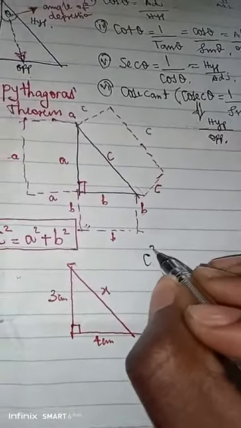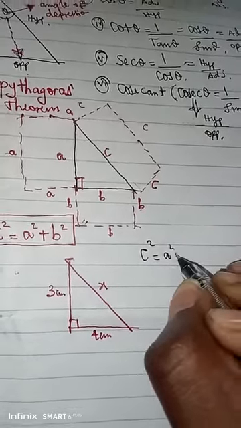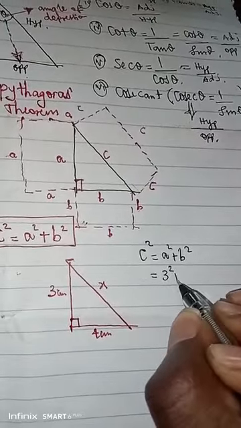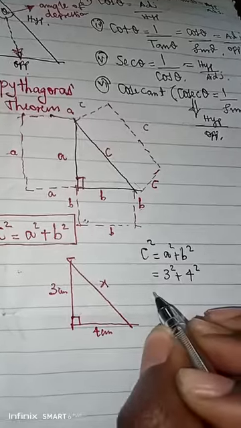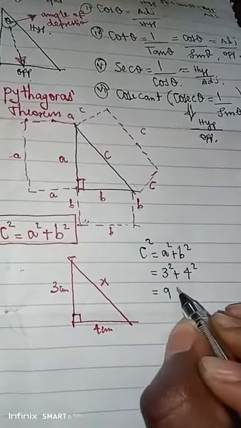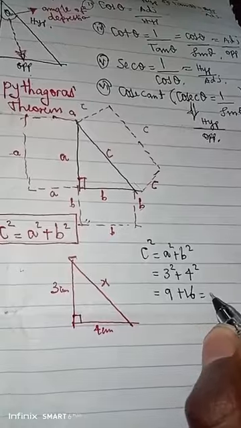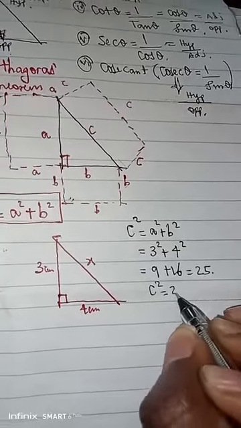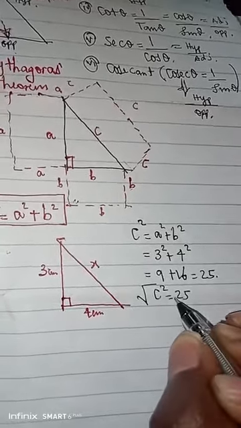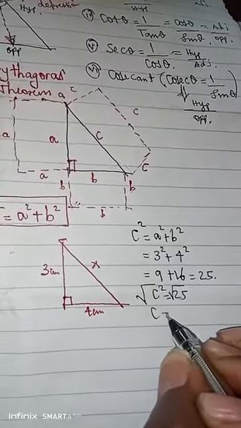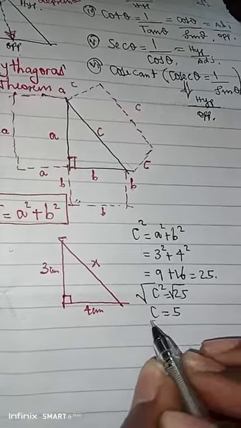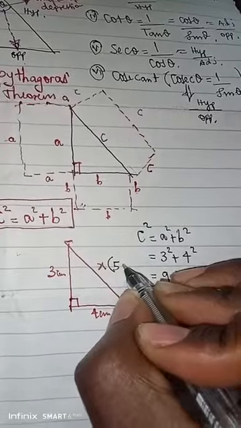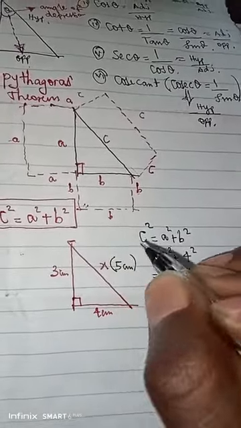So in this problem, it will be c squared equal to a squared plus b squared. So this is just going to be 3 squared plus 4 squared. This is 9, that's 16, and that's all going to be equal to 25. So c squared would be equal to 25, and the square root of this whole thing is just going to be 5. So that's it. Your x value here is going to be 5 centimeters.